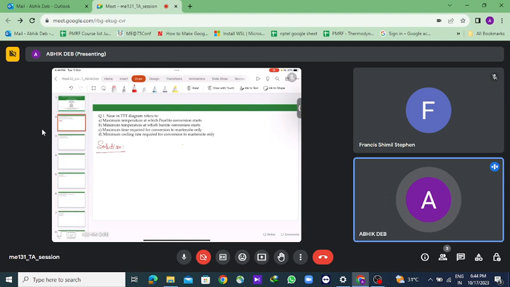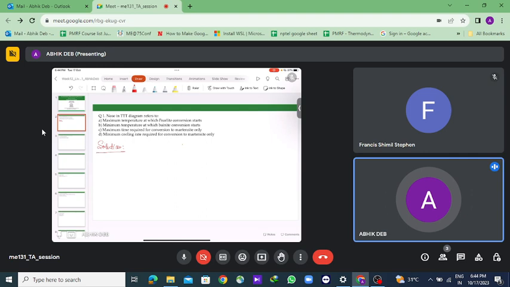If the cooling rate is faster than this, then conversion to only martensite will be possible. If the cooling rate is slower than this, that is, the lines are in this region, then it will not form only martensite. It will form a mixture of either pearlite plus martensite or bainite and martensite, depending on which region it is being cooled from.